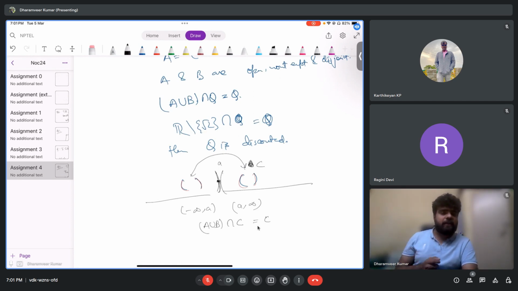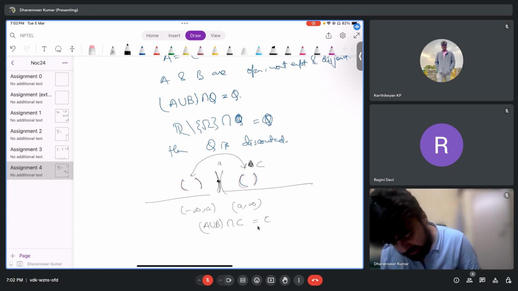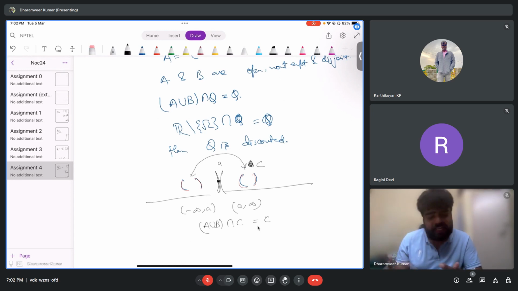An interval is a connected set, so through connectedness you want to generalize the idea of intervals.